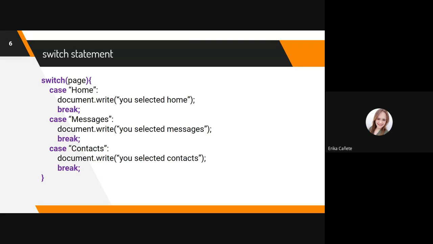That is how it goes for our switch statement. Again, it is useful when one variable or the result of an expression can have multiple values. In this example, we have different values for home, messages, and contacts.